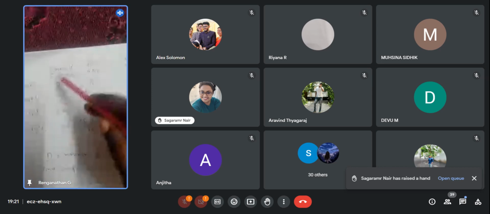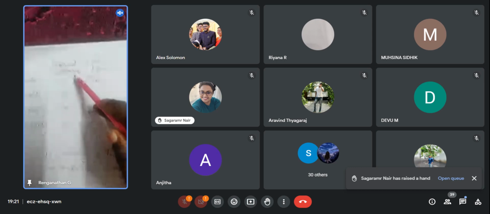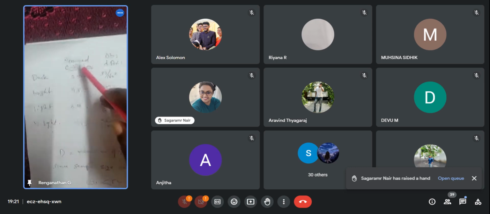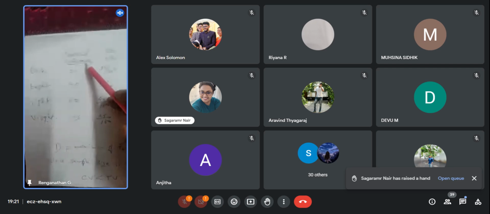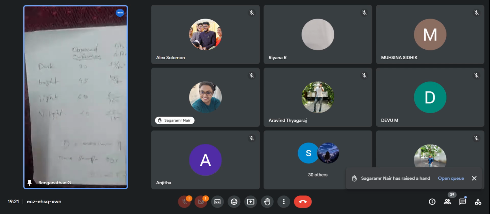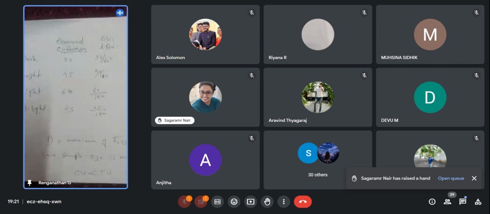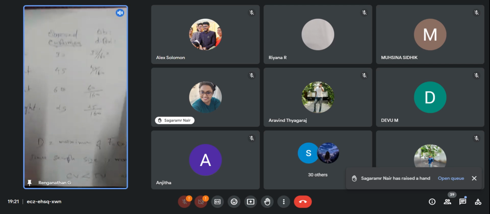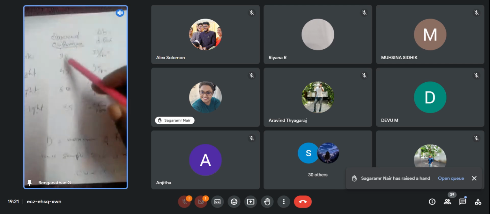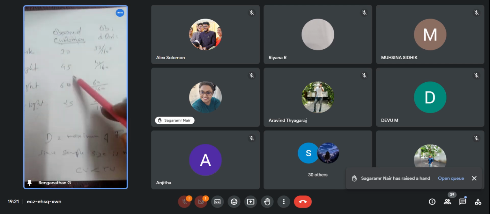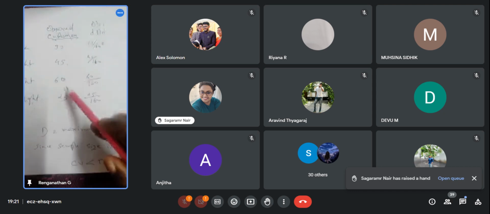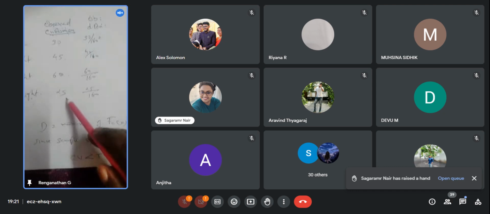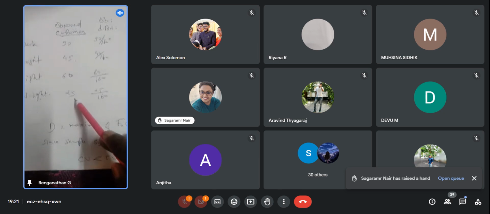The next column is observed customers. In our question, the number of customers the manufacturer observed are given: 30 represents dark, 45 bright, 60 light, and 25 very light.